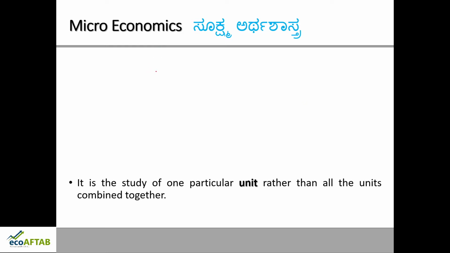If this is a unit, we divide this unit into different segments or pieces, or you can say into a million parts, select one particular part and analyze it, and not the entire thing. So this becomes our micro study. That is what microeconomics is.